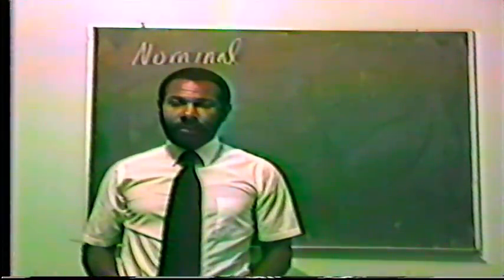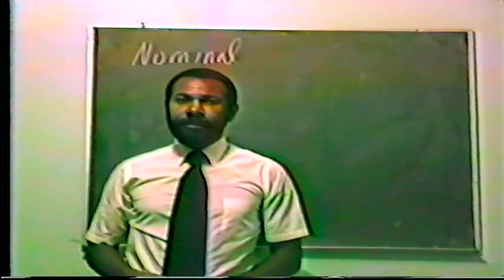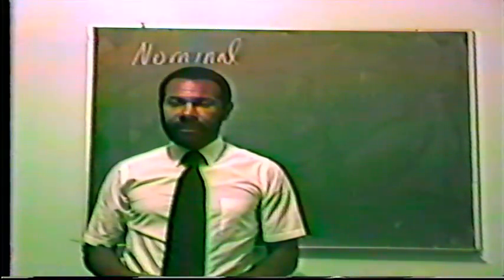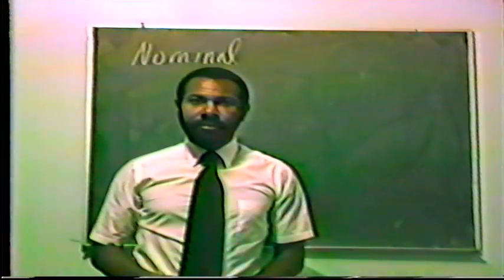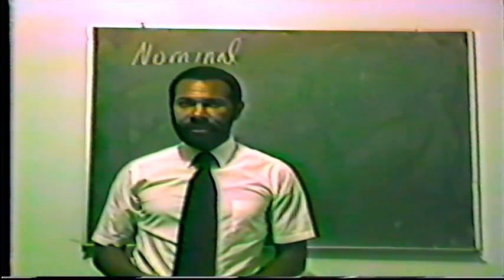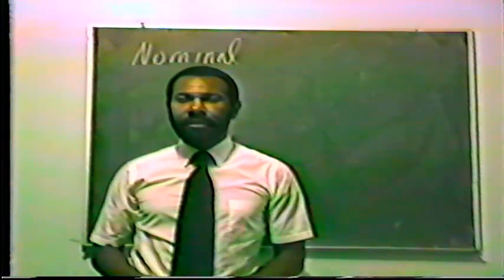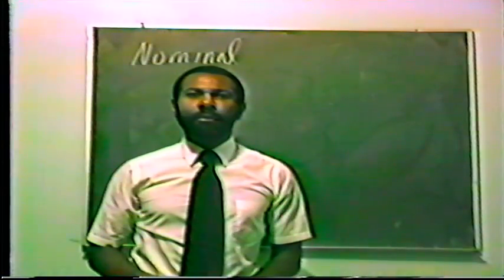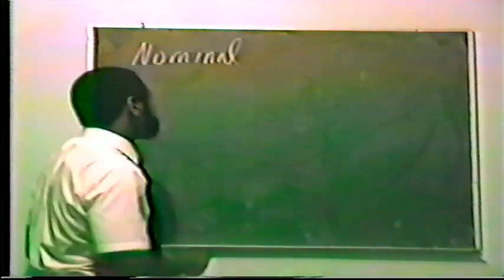Next, we want to talk about the types of data. There are four types of data in statistics. The first and the lowest level of data is what we call nominal data.